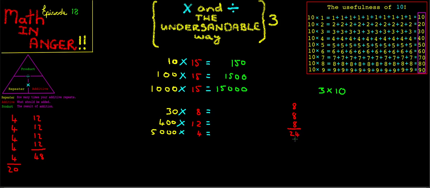There you go. So I can write here 240. How did I do that? Because I just added 8 to itself 3 times, and then I multiplied by 10, which meant I added the 0.